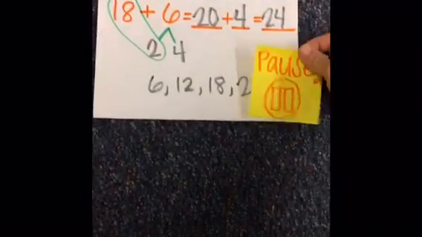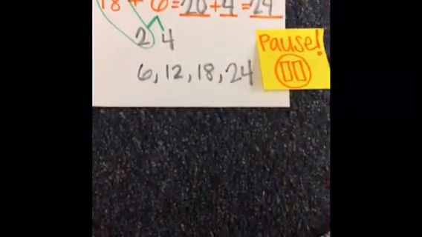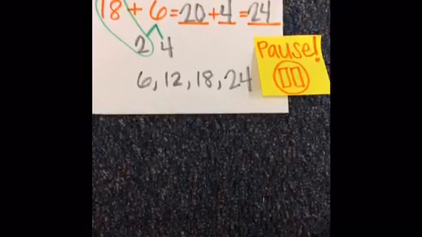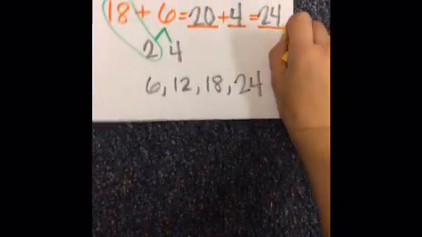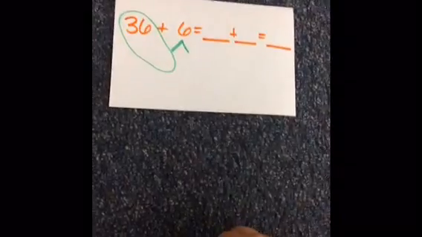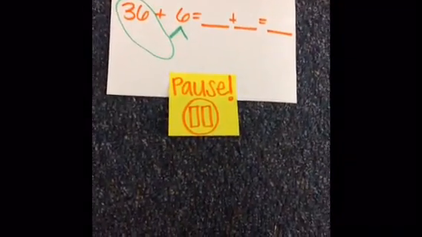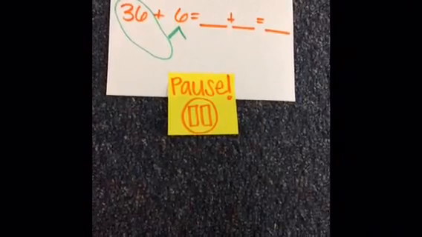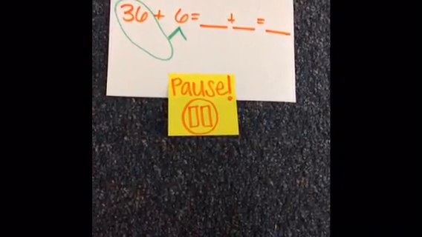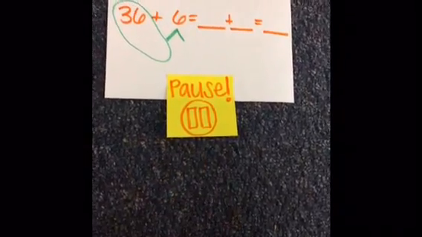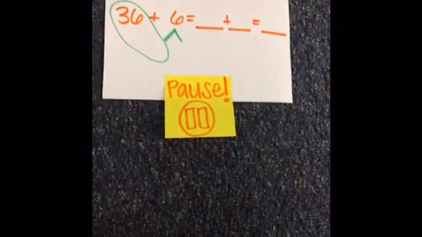Okay, and if I'm going a little fast for you, feel free to always pause this video to copy down what I'm doing. We're going to take a look at another example. 36 plus 6. Okay, pause this so you can copy this equation down. I want you to do this one with me, and I'm going to go a little slowly so that I give you time to really think and see if you can fill it in before I do.